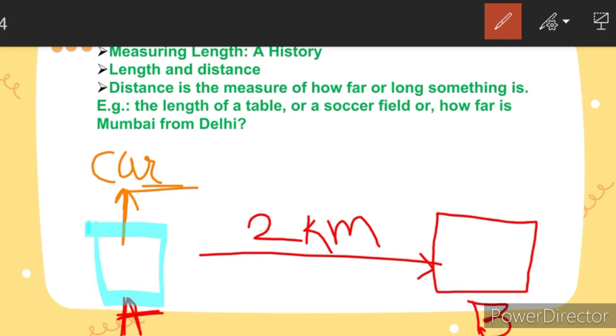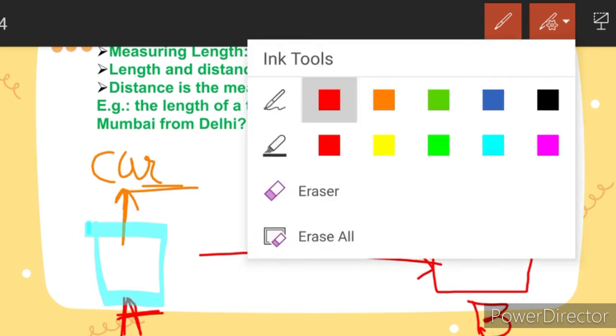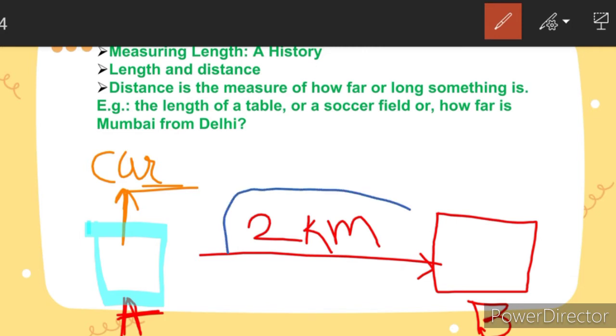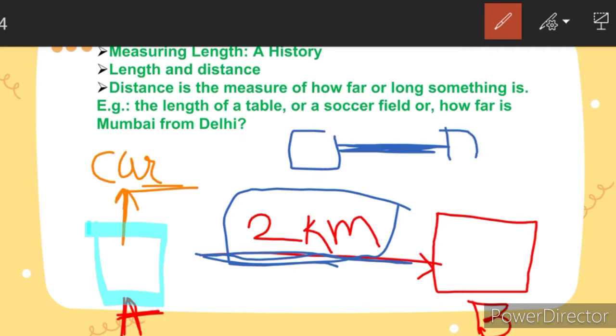So now it is asking what is the distance? The distance will be 2 kilometers. What exactly is distance? Distance is how far something has traveled. So it has traveled 2 kilometers. We have to understand that this is something in between. पहले कार यहाँ पे थी, फिर कार यहाँ पे है, तो बीच का distance कितना हुआ, that you have to say, right?